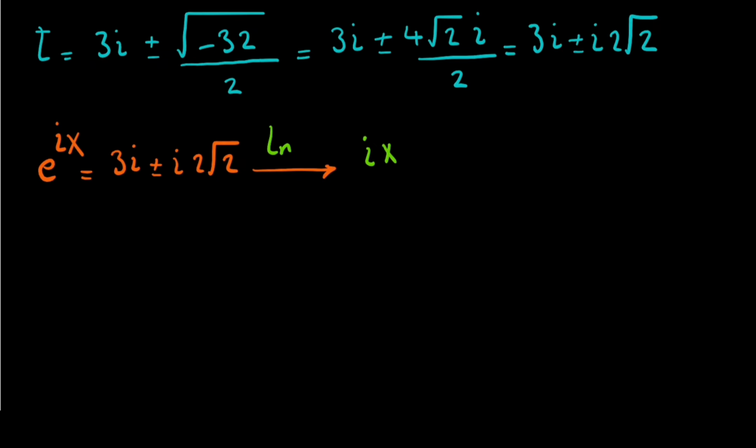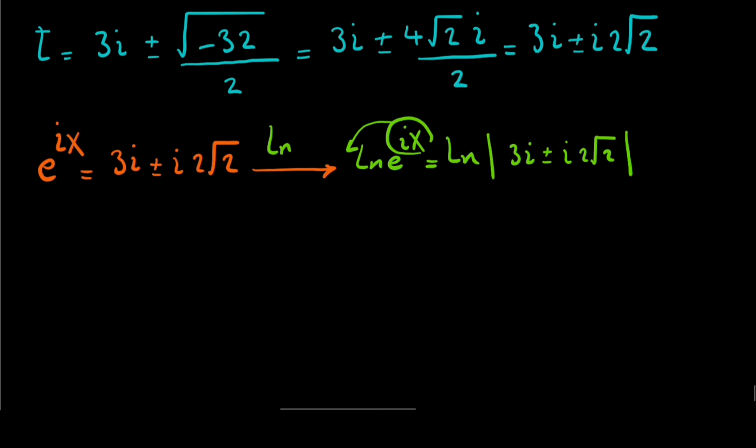Because let me write it: ln e to the power of ix equals ln absolute value of 3i ± i 2√2. You can move ix behind the ln, and you know that ln e equals positive 1.